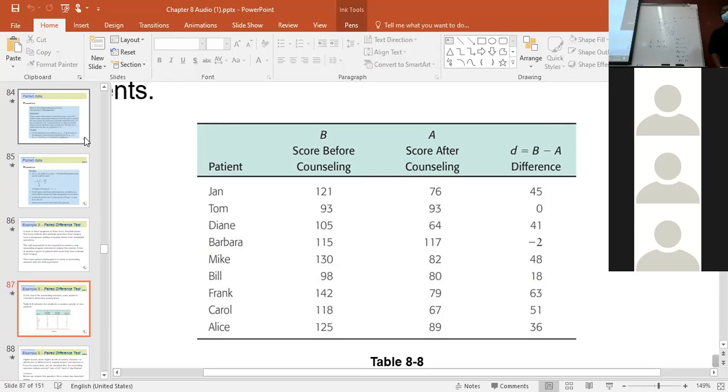Then variable 1, you highlight what is on column A. We are comparing two averages. Average before, average after.